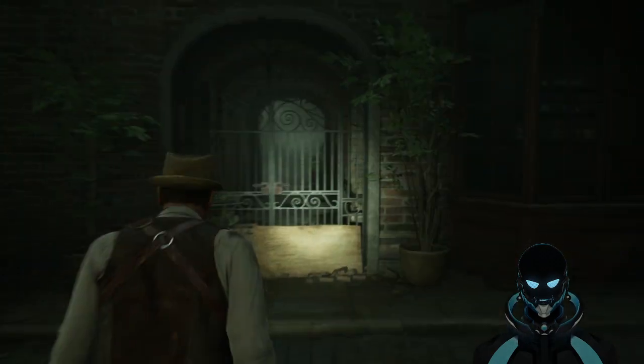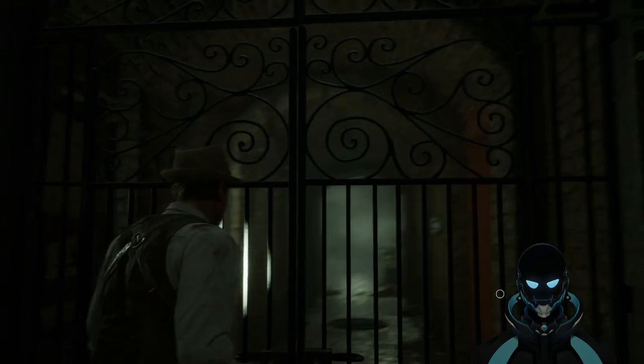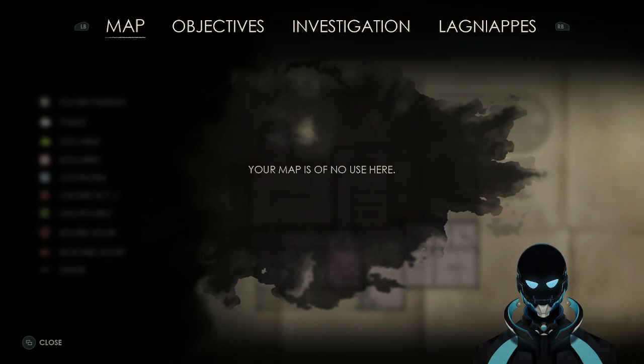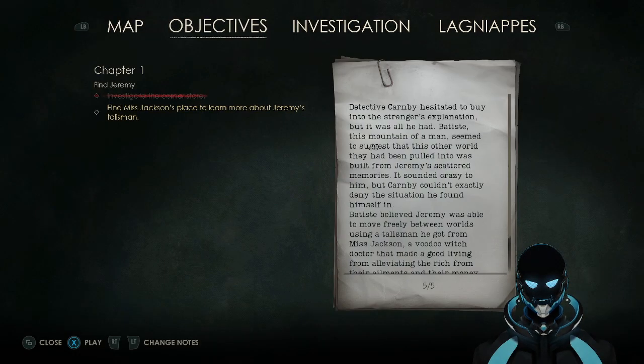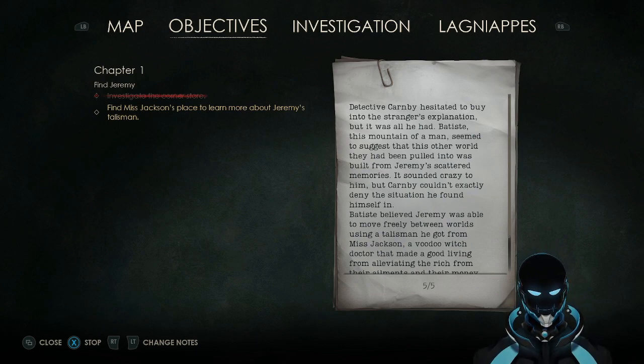How do I get to... Detective Carnby hesitated to buy into the stranger's explanation, but it was all he had. Baptiste, this mountain of a man, seemed to suggest that this other world they had been pulled into was built from Jeremy's scattered memories.